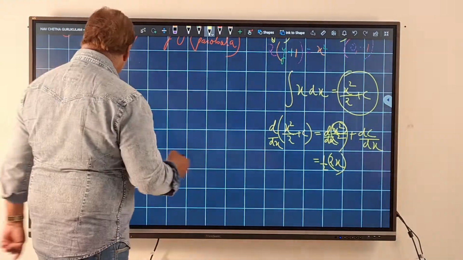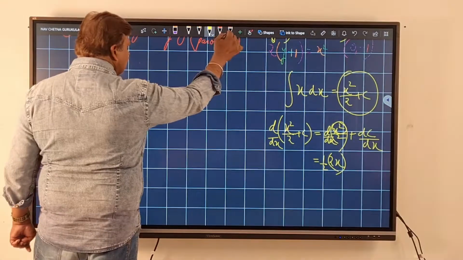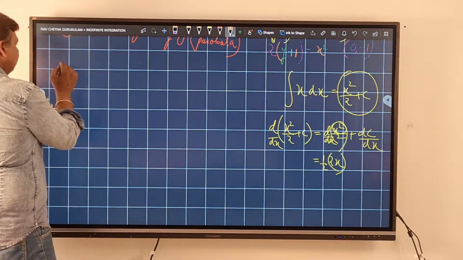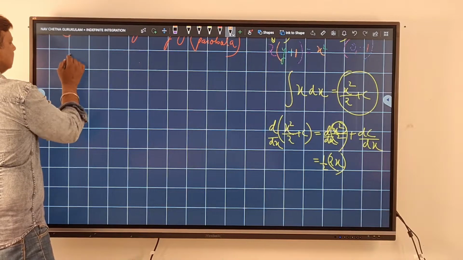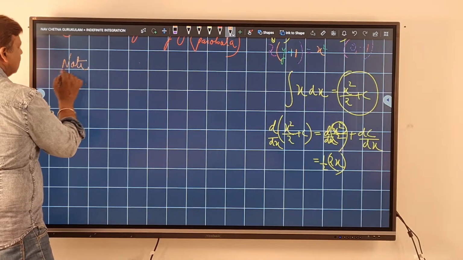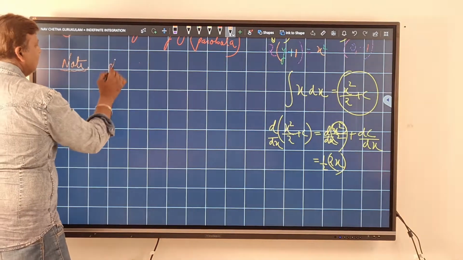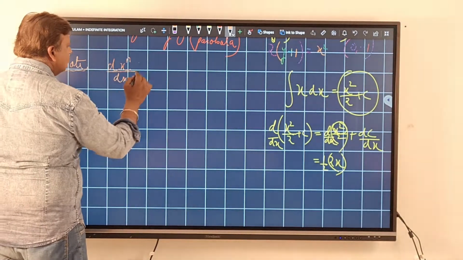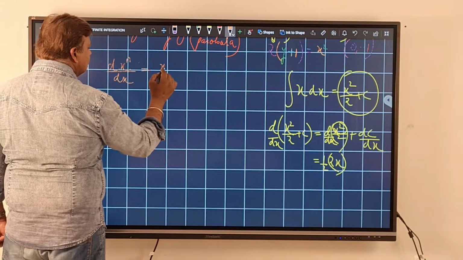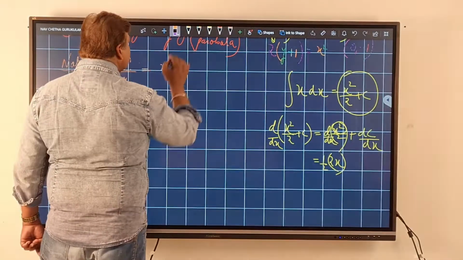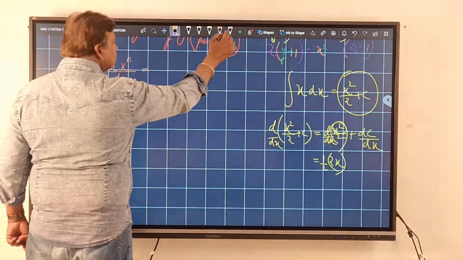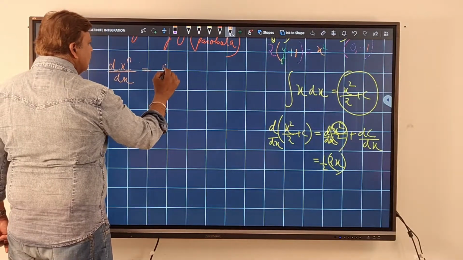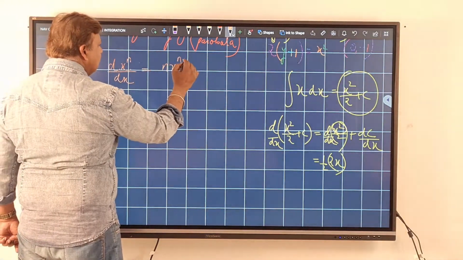Come again. Shall I write it? Yes, why not, sir? That would be of help. Note. Derivative of x raised to power n is nx raised to power n minus 1.